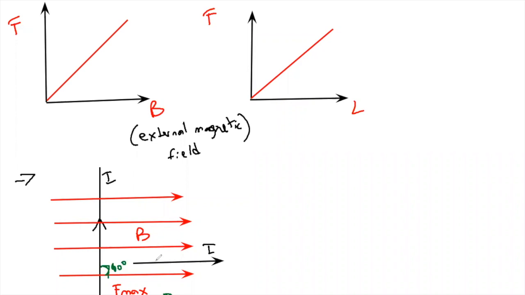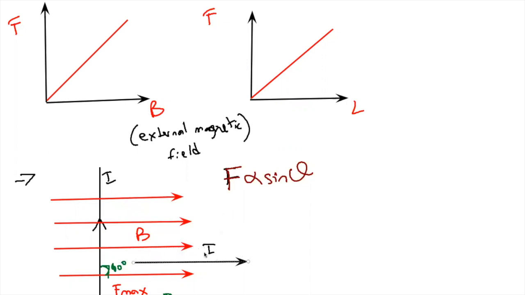If they're parallel, the angle is going to be zero, and obviously sine zero is going to be zero as well. So that's why we say F is proportional to sine theta. So depending on how different your angles are: max, lesser, lesser, lesser, zero. I hope that made sense.